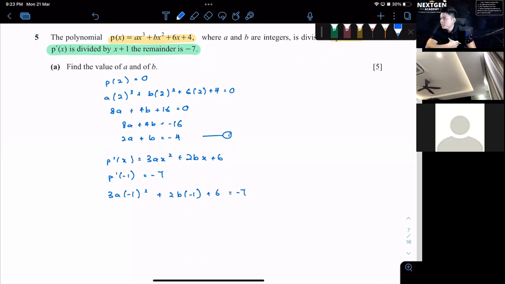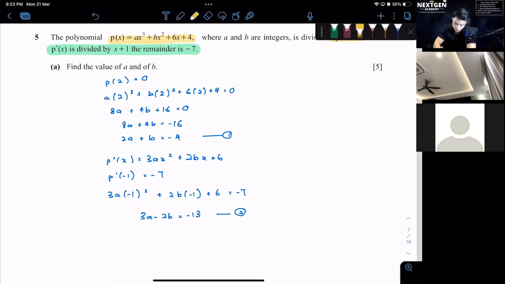Been a long day. So 3a minus 2b equals negative 13. This will be my equation 2. Why I always like, when I do simultaneous equations, to write a, b, then equals to whatever, is because your calculator can process it. So you can always use your calculator to double check it. That's the key on how to do it.